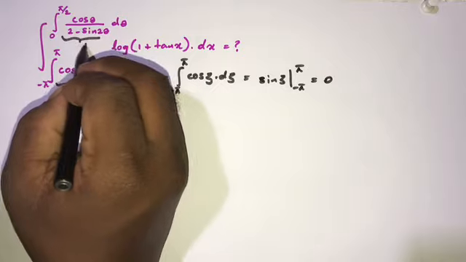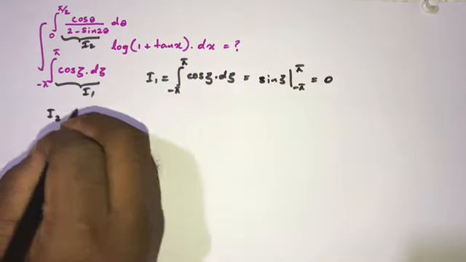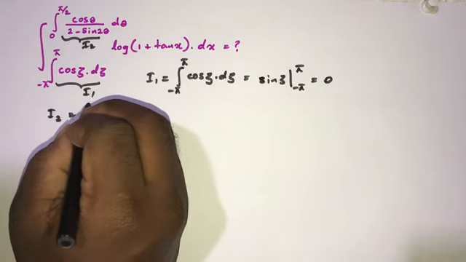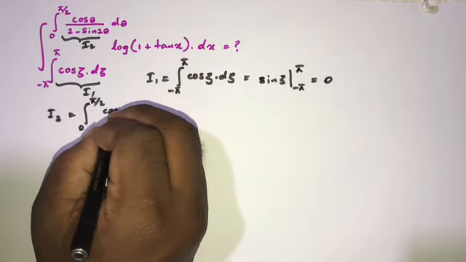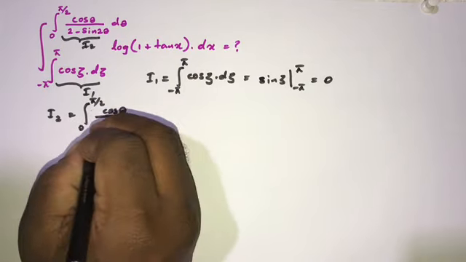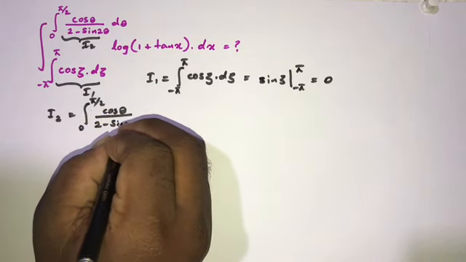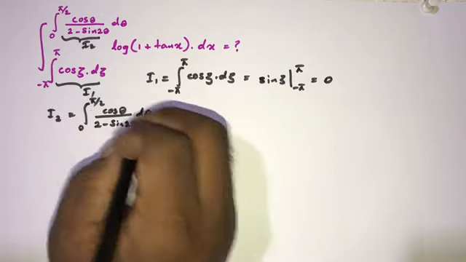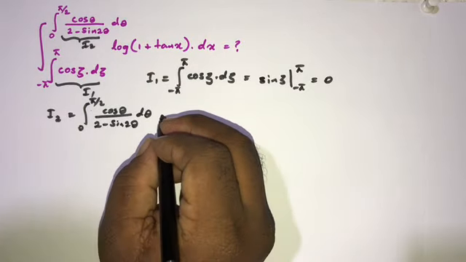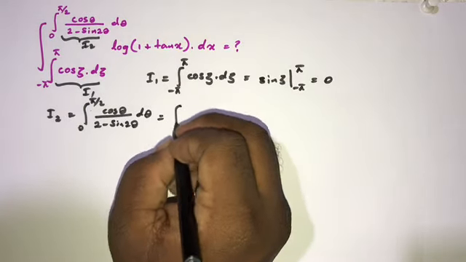I2 is equal to the integral from 0 to π over 2 of cosine of θ over 2 minus sine of 2θ dθ. Okay, now how to evaluate this integral?